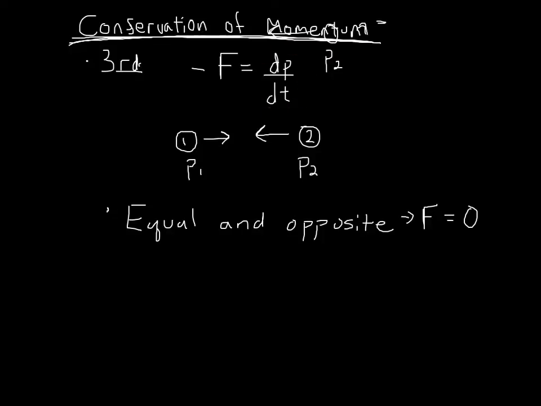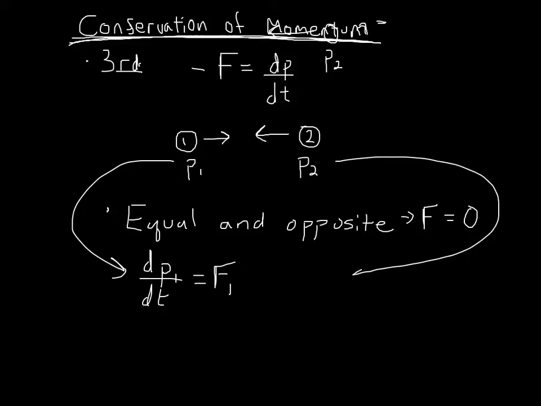So what is the side effect of these forces having to sum to 0? Take my momentum 1, P1, if I differentiate it, has to give me force 1. The force of the first ball has to be equal to the derivative of its momentum. Force 2. If I differentiate the momentum of my second ball, it has to be equal to force 2. Force is the change in momentum.